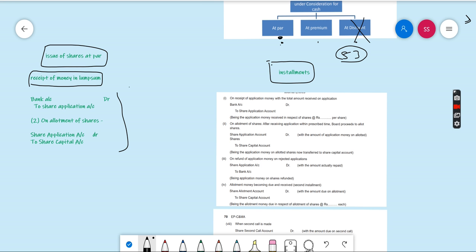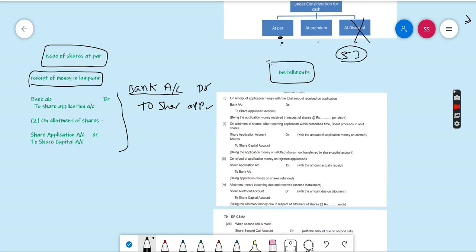First, when you receive the money, you will pass bank account debit to share application account. Your bank balance is increasing, that means an asset is increasing, so that's why you have debited it. To share application account.